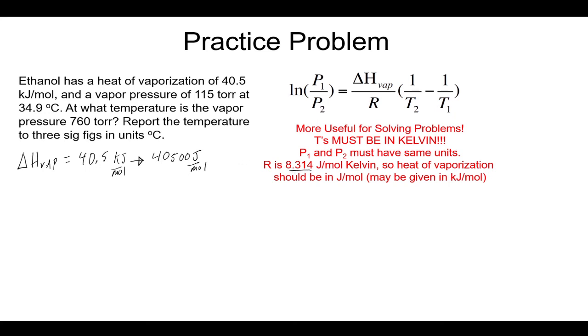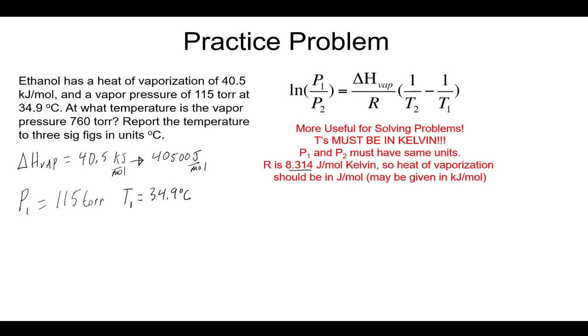So I keep on reading, and a vapor pressure, so that's P, and it's the first pressure I'm reading about, so I'm going to call it P1. A vapor pressure of 115 torr at 34.9 degrees Celsius. So that is the temperature, T1, that goes with my pressure, P1. And T1 here is 34.9 degrees Celsius.